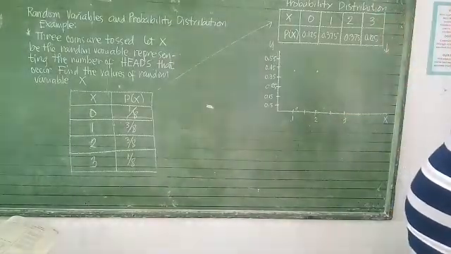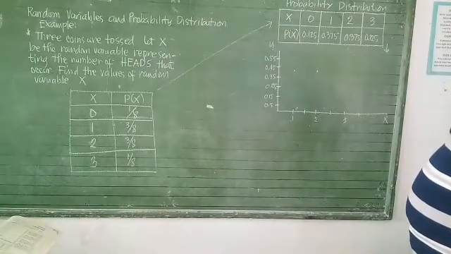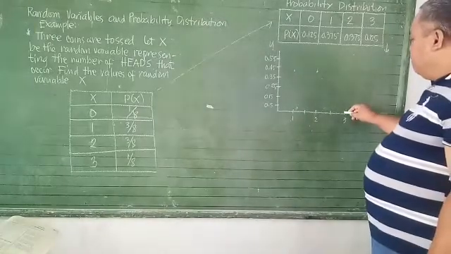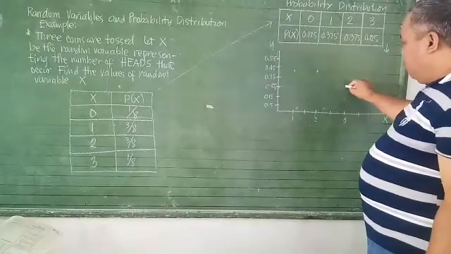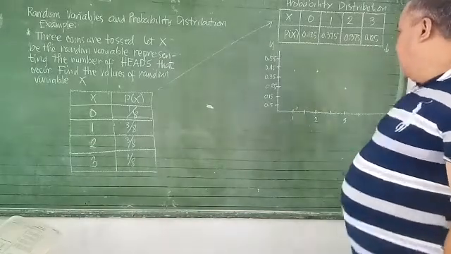And then our 3 is 0.125. So it looks like this.